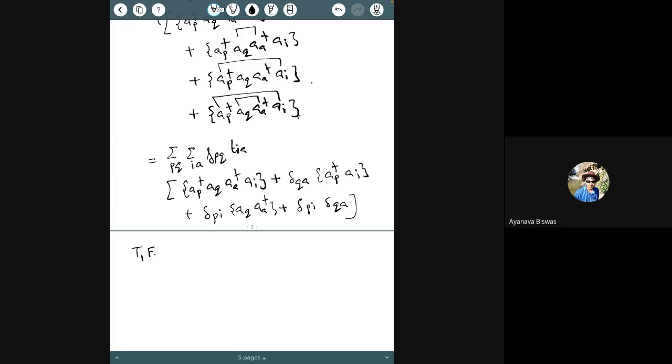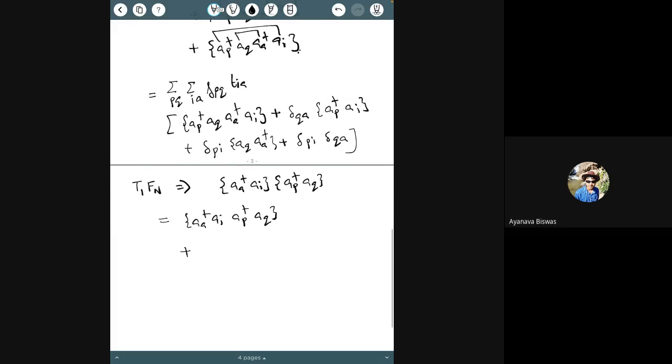Then I need the second term from the commutator, which is T1 F_N. And what is the operator that it has? This is a_A dagger a_I, and then a_P dagger a_Q. This is equal to the string a_A dagger a_I a_P dagger a_Q, plus, again, contractions between strings. So let's see which one can exist. I have a_A dagger.